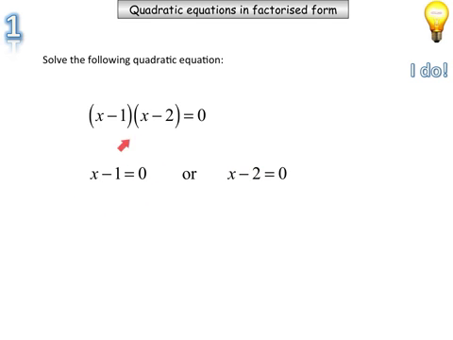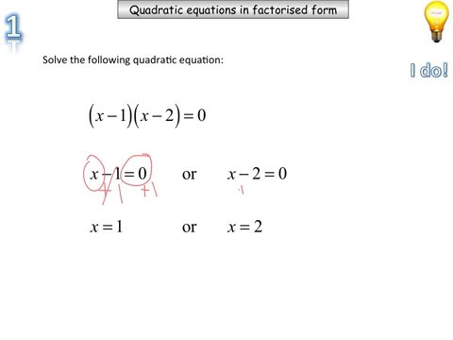Now we can solve both of these linear equations. Here's a nice simple linear equation. To solve this, add 1 to both sides. And for this one, we'll add 2 to both sides of the equation. Adding 1 here and 1 there will mean that we have plus 1, x is equal to 1.